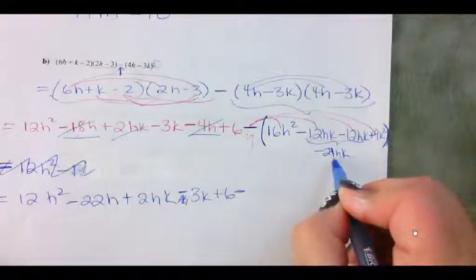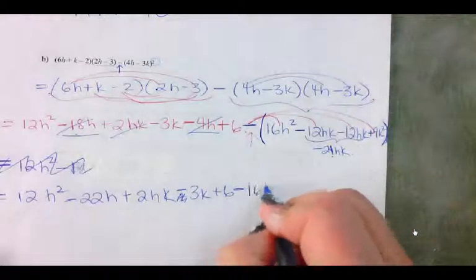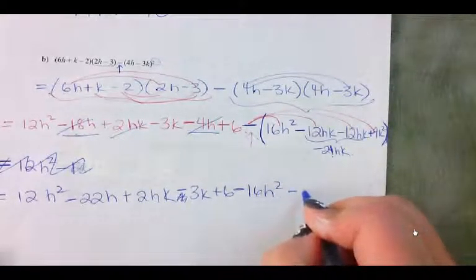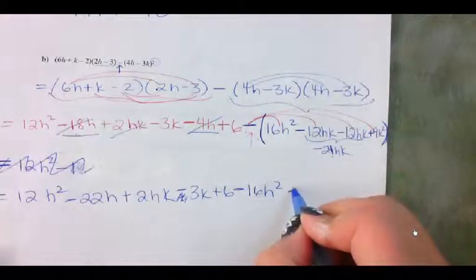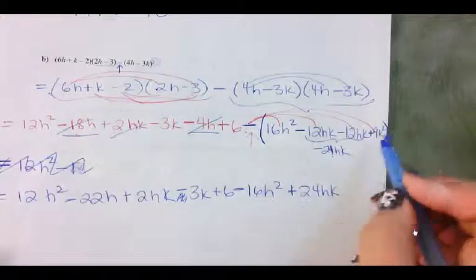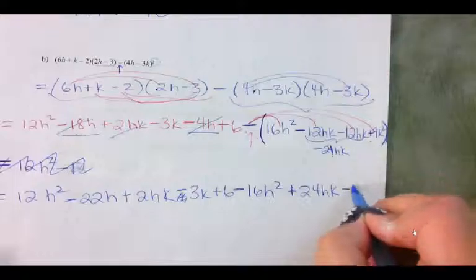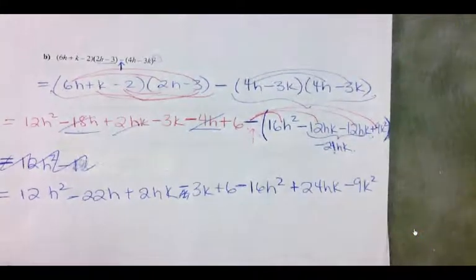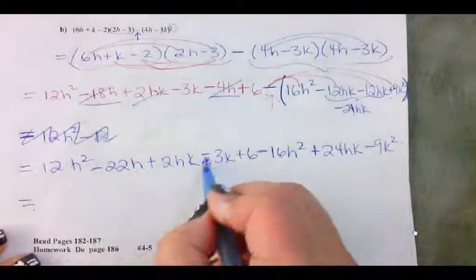Are you guys okay if I do that? So then I only have to write one thing down later. 16h squared minus, but that's going to change and it's going to become a plus 24hk, and this was a plus 9k, so it's now going to be 9 minus 9k squared.